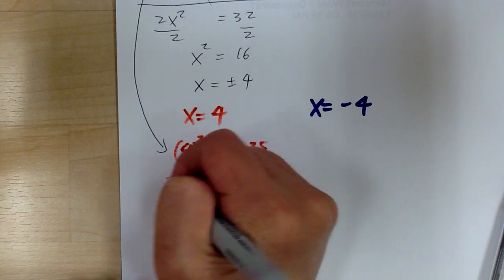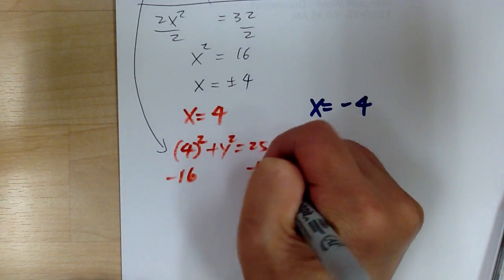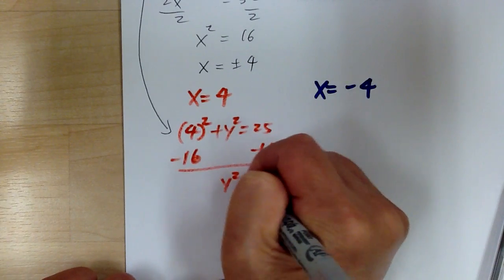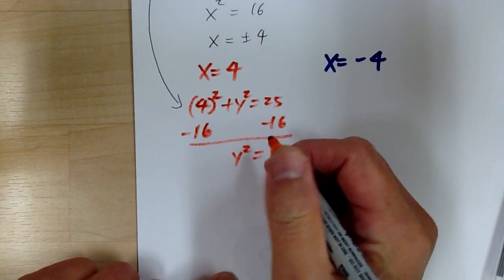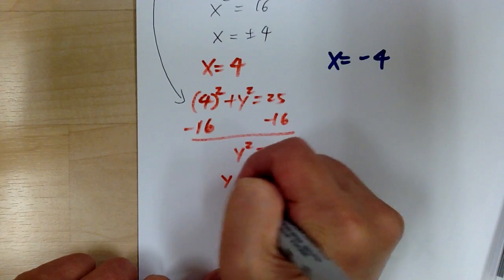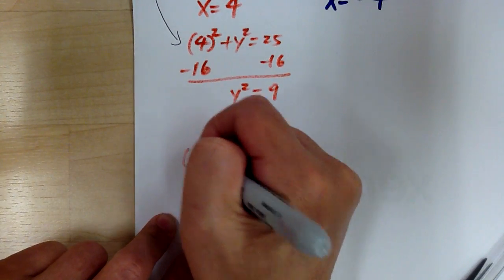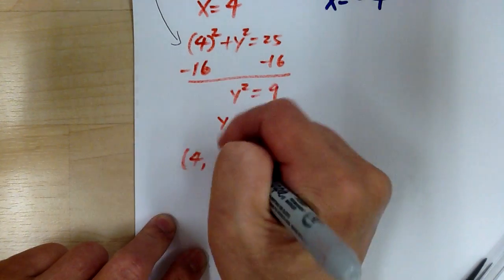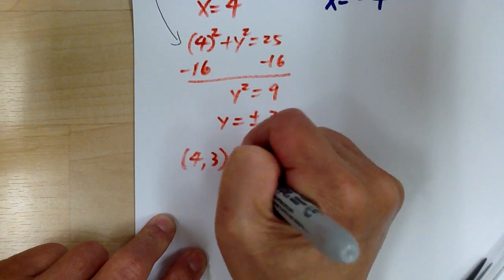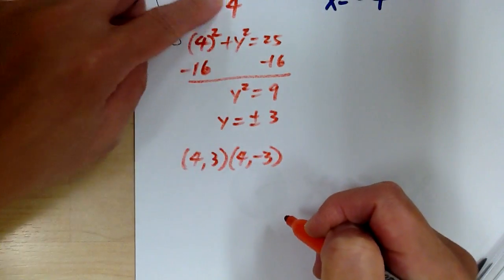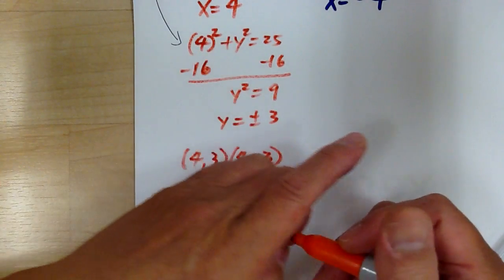So minus 16. So I got y squared equal to 9. And take the square root. So I get y equal to plus or minus 3. Now I have to match with that. So my two answers from here would be 4, 3, and 4, negative 3.